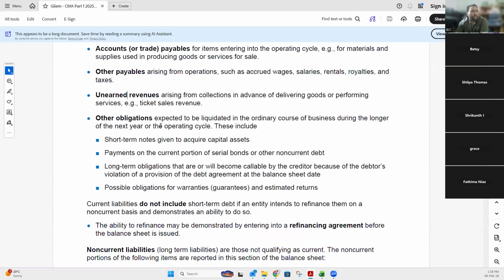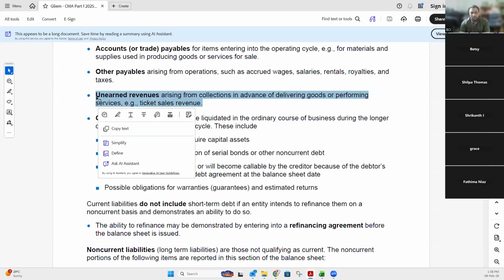Then unearned revenue arising from collections in advance of delivering goods or performing service. Examples are ticket sales revenue. For example, you are running an airlines company, correct? Somebody says, I am going to travel in your aircraft in March, but I took the ticket now. So in the February revenue, can you show my ticket price as your revenue?